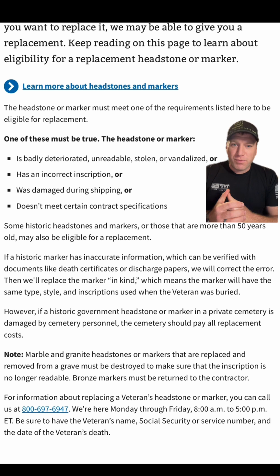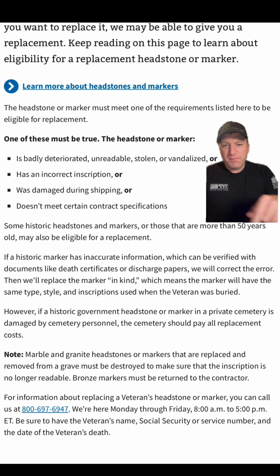I don't like to replace historic markers. As most of you know, I will repair them as much as they can be repaired, but sometimes it just has to be done. So the thing I want to point out down at the bottom is it says marble and granite headstones or markers that are replaced and removed from a grave must be destroyed.